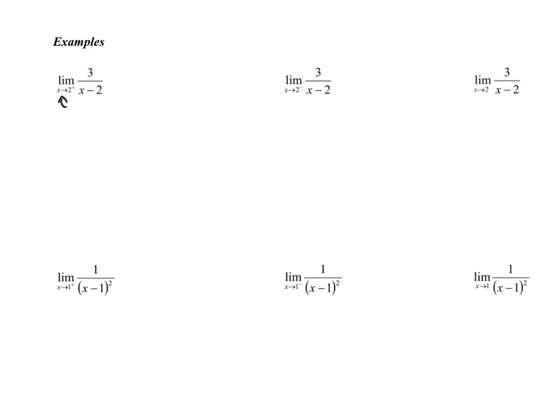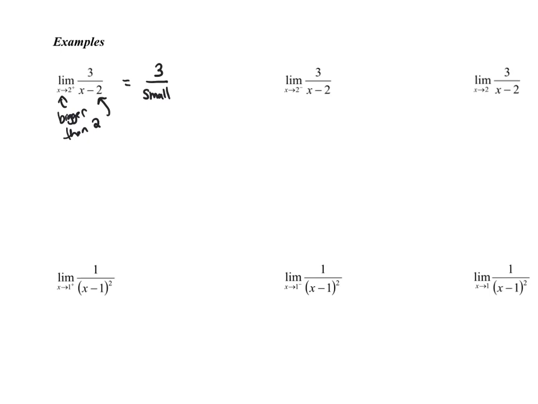Well, remember, from the right, these are numbers slightly bigger than 2. So if I take a number slightly bigger than 2 and I subtract 2 from it, I am going to get a very, very small number. So this is going to be 3 over a super small number.